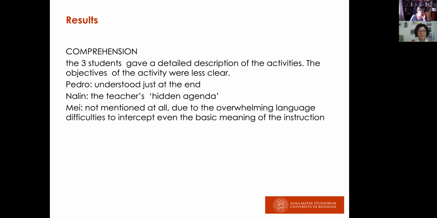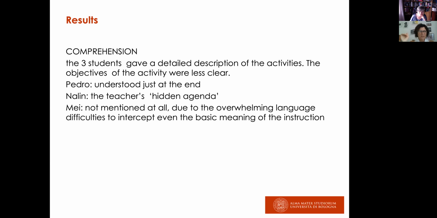The themes that emerged are, in terms of comprehension, the 3 students gave a detailed description of the activities and they understood clearly what they had to do.